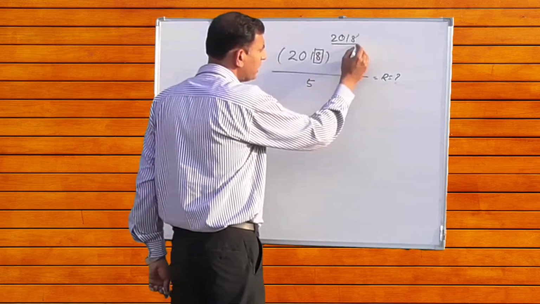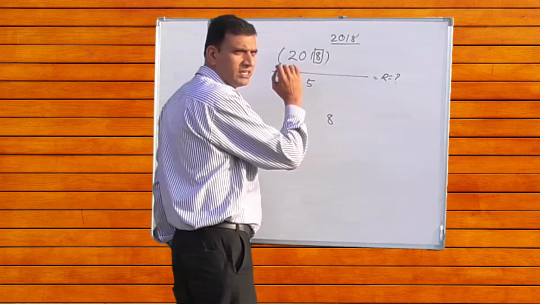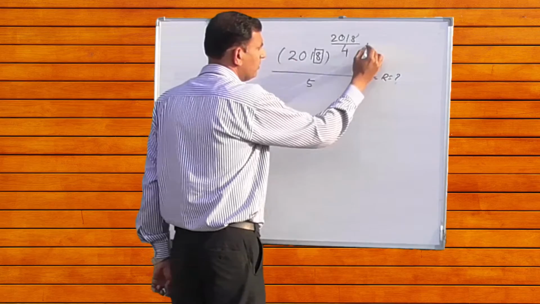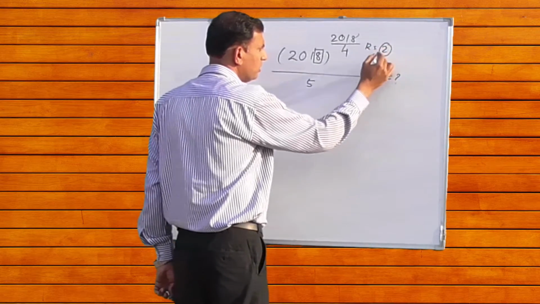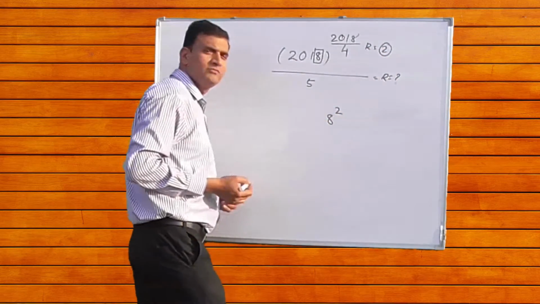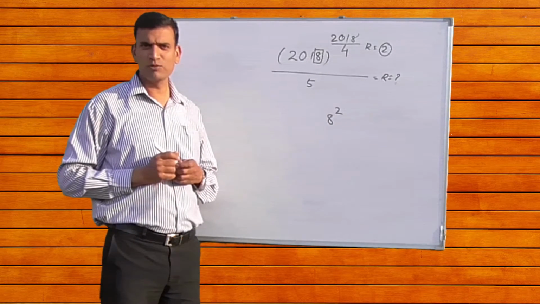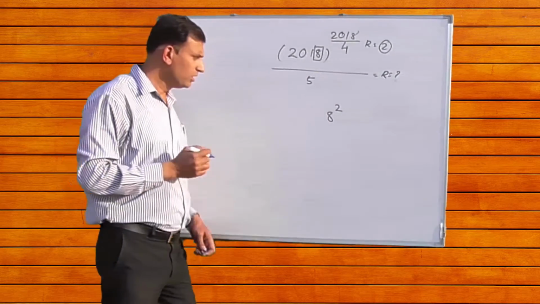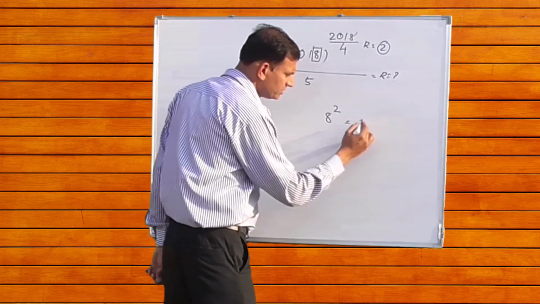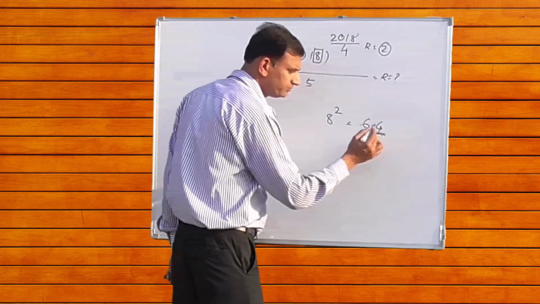Now, 2018 by cyclicity means divided by 4. Find the remainder here and put the remainder here. 8 squared is 64, so here the unit digit is 4.